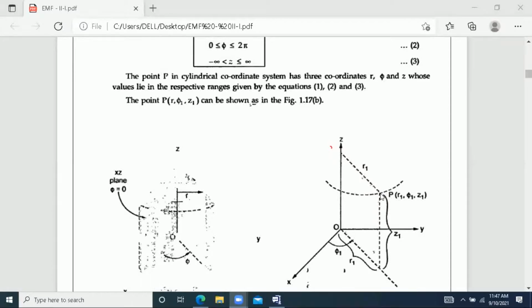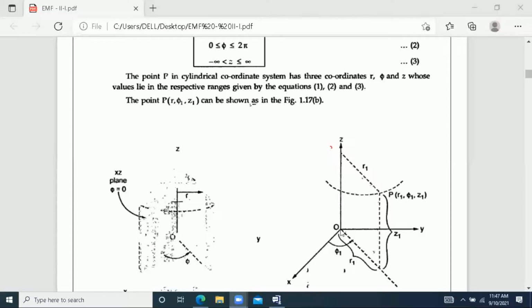Suppose I said a charge of 10 microcoulomb is located at R equal 10 centimeter, phi equal pi by 4, and Z equal 15 centimeter.